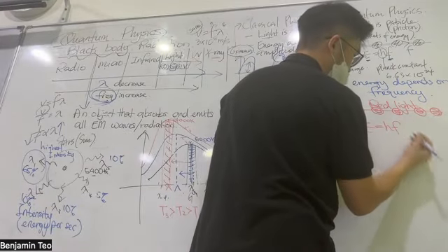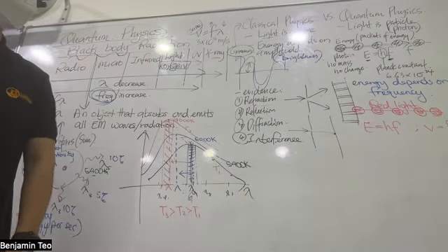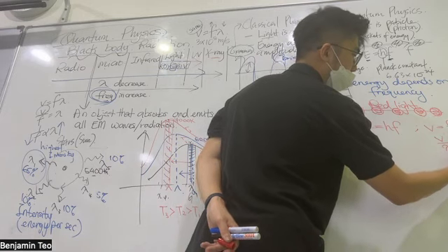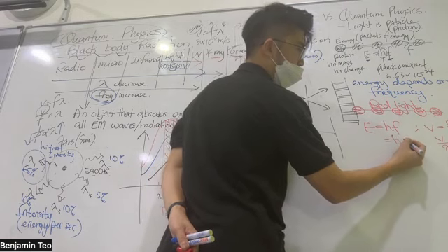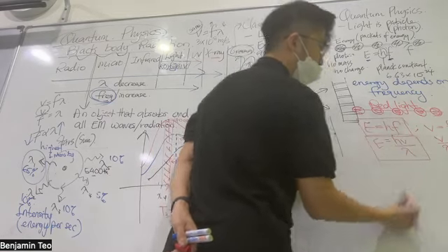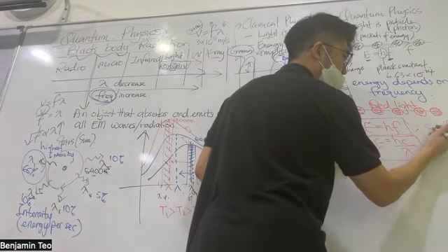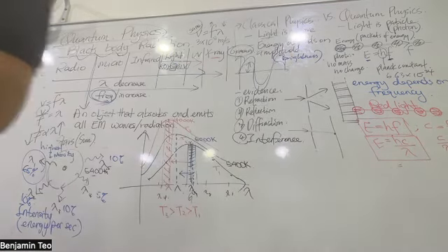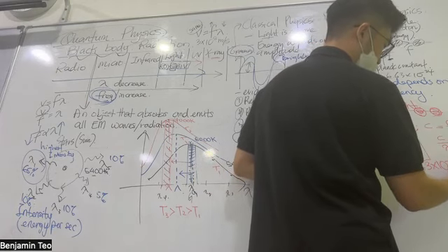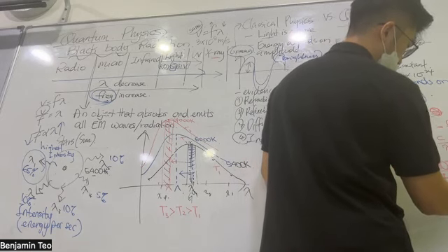E equals hf. We also know that c equals f lambda, right? So I put v over lambda equals f, and put it in here, h v over lambda. So sometimes you can use this one, sometimes you can use that one. This v is sometimes written as c, the speed of light. What is the energy of the red light? Can we calculate? Okay, 6.63 times 10 to the minus 34, speed of light 3 times 10 to the 8. What is the wavelength of red light? 7 times 10 to the minus 7 in meters.